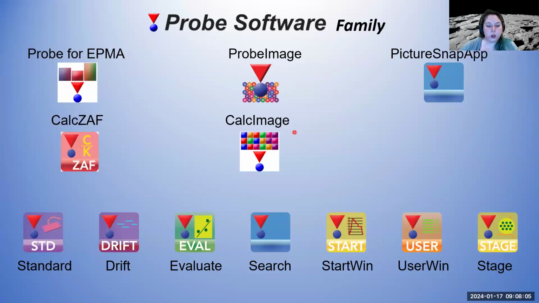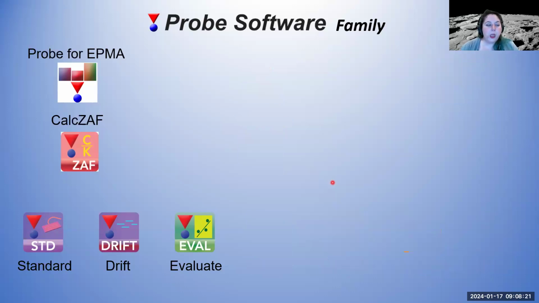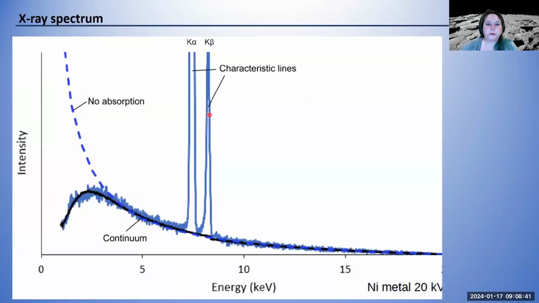And then there are a range of smaller utility programs, Standard, Drift, Evaluate, that can be useful, specifically if we want to explore and optimize our analytical conditions. I will mostly focus on Probe for EPMA, but might mention CalcXAF, Standard, Drift, and Evaluate. They're really the ones that I think are important to monitor and optimize your EPMA data.